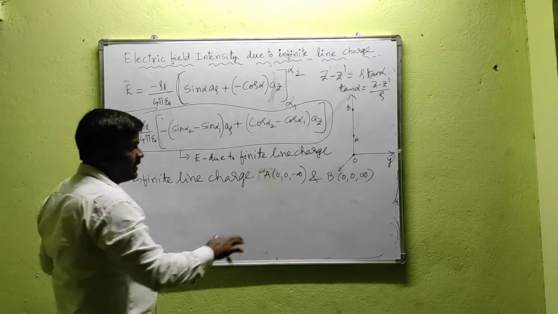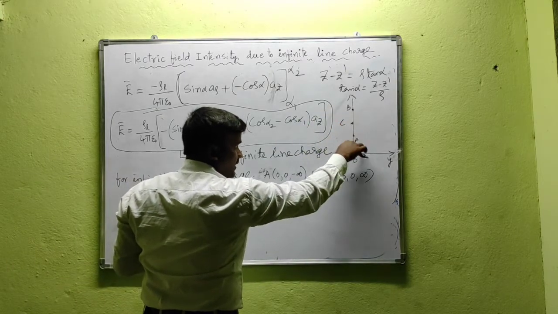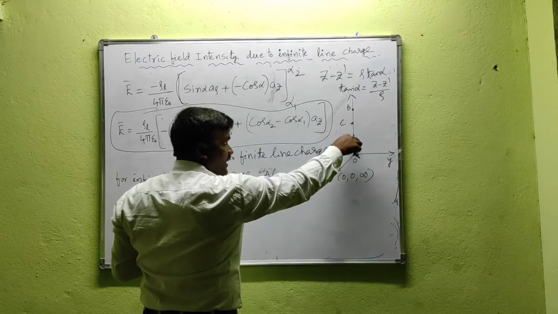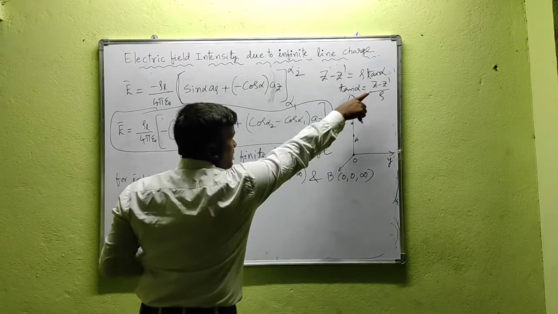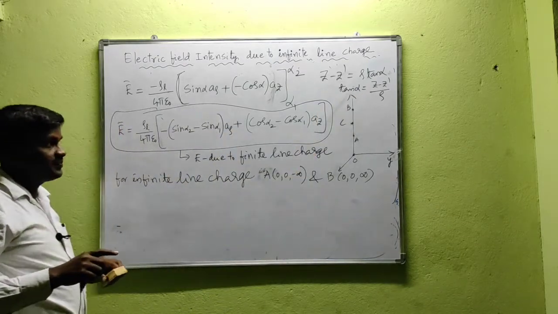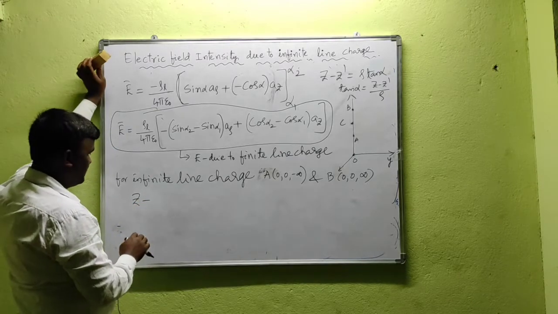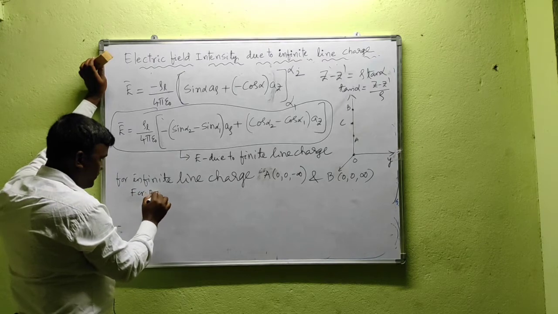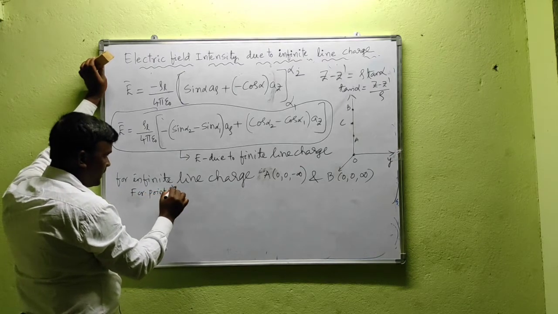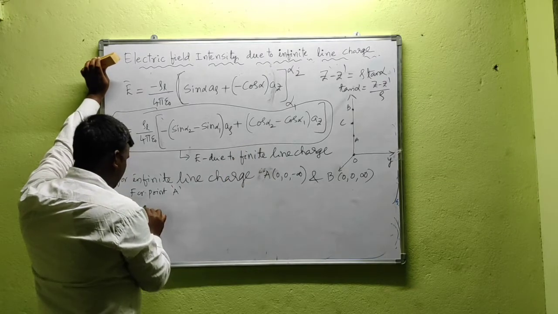Point C is z dash. If C is shifted to point A, that becomes z dash, meaning A should be 0, 0, minus infinity, so z minus z dash, where z is some constant, for point A is tan alpha 1.